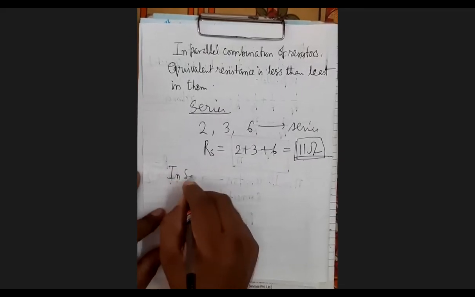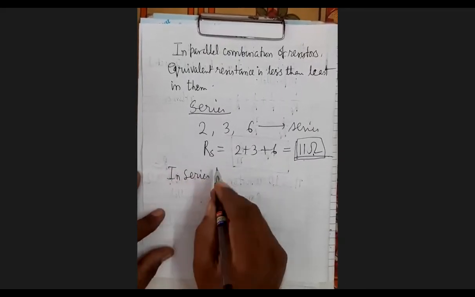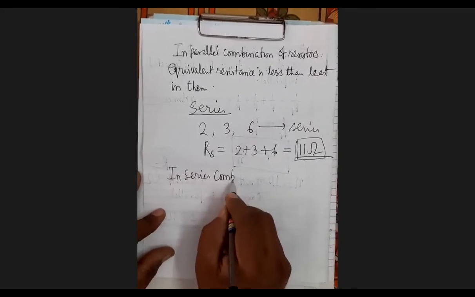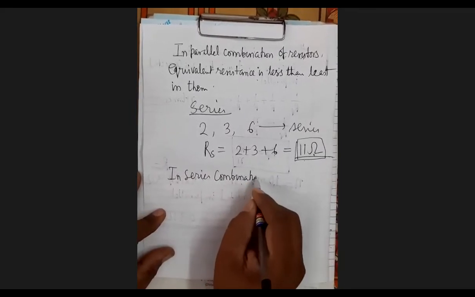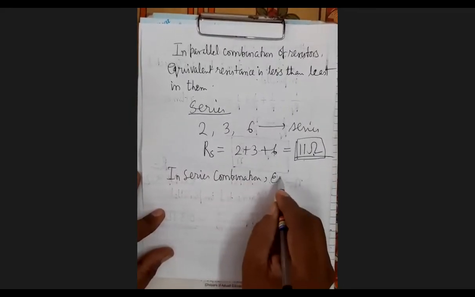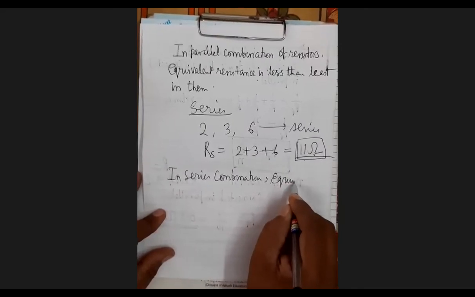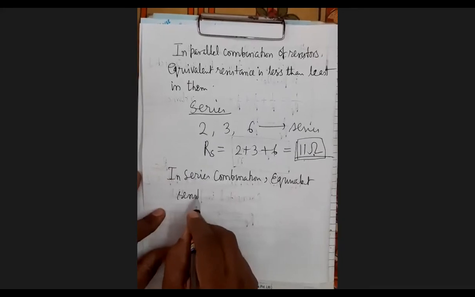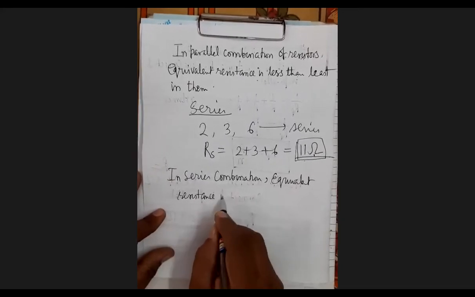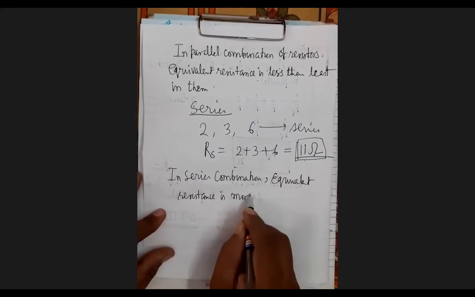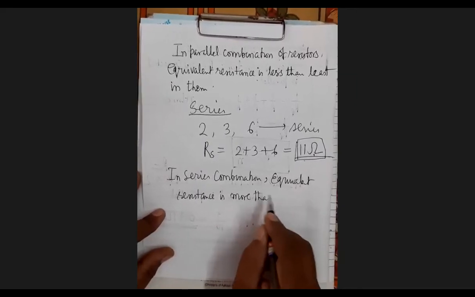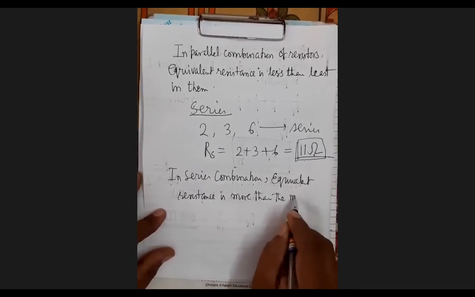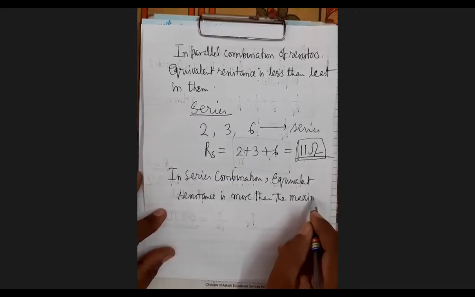In series combination, equivalent resistance is more than the maximum in them.